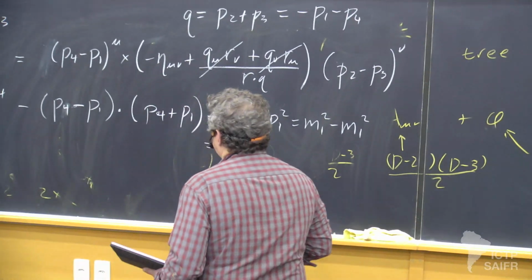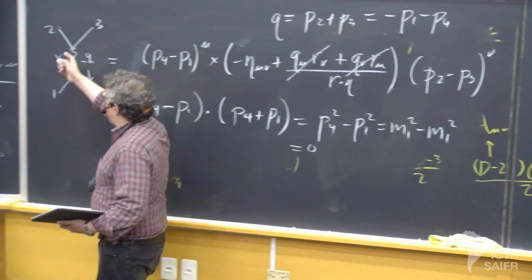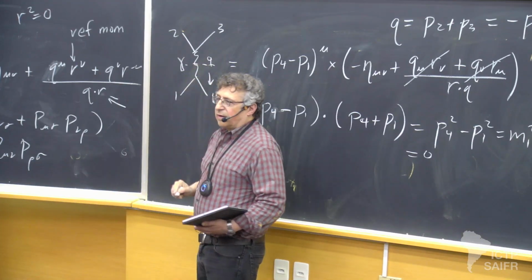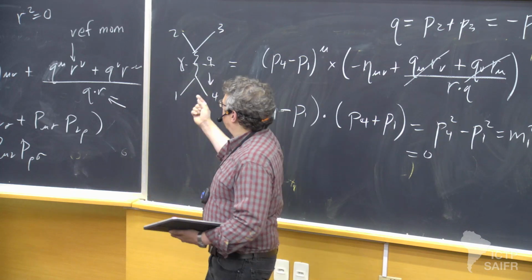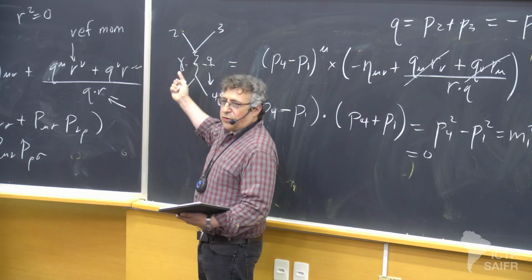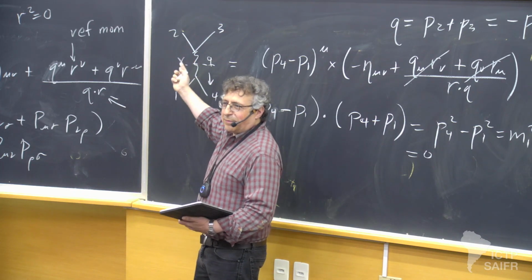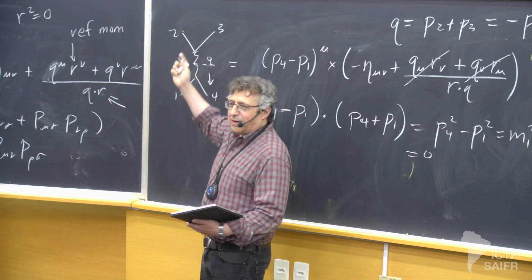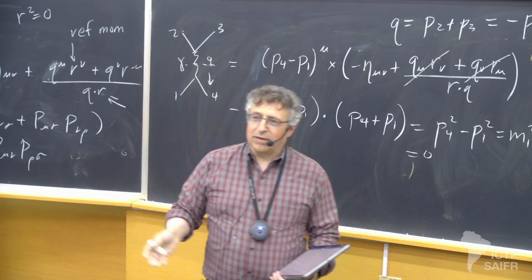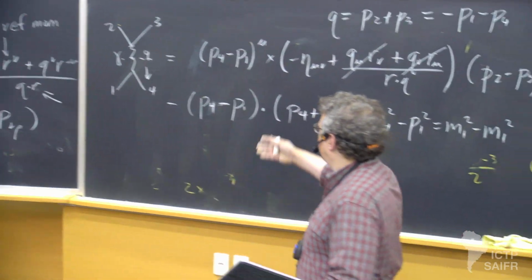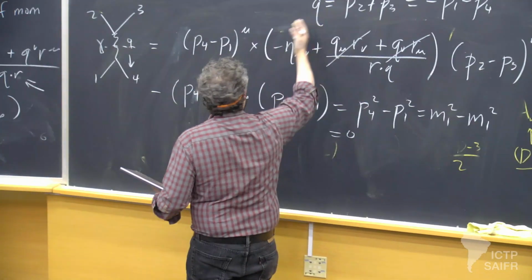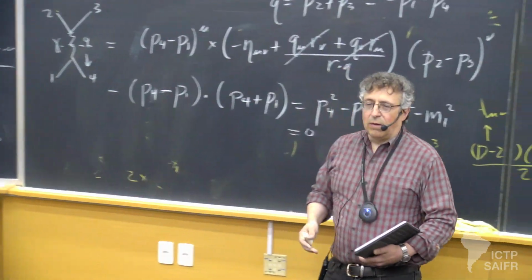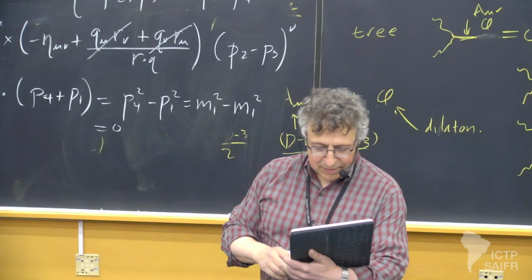And the reason why it's gone is because these currents on shell are gauge invariant. So the graviton will couple to the energy momentum tensor, or the photon couples to the current, and those things are conserved. And this is basically current conservation at work, or conservation of the energy momentum tensor.